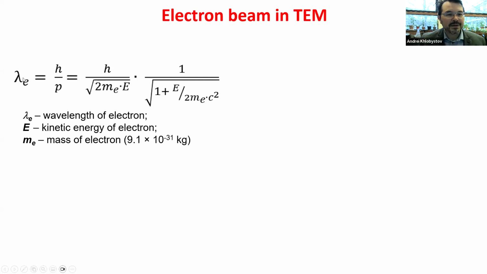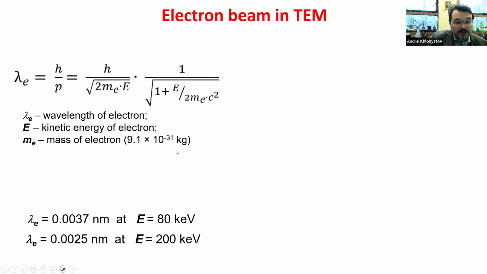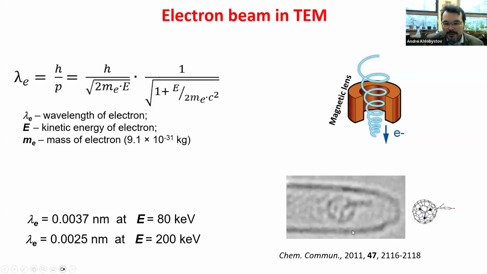It describes the relationship between the wavelength of the electron and the energy of the electron, and we can essentially accelerate the electron to the desired energy, 80 kiloelectron volts, for example, is quite popular in TEM now, and reduce the wavelength of the electron to a really small length, smaller than the size of the atom, and then, of course, allows us to study molecules at the single molecule level.